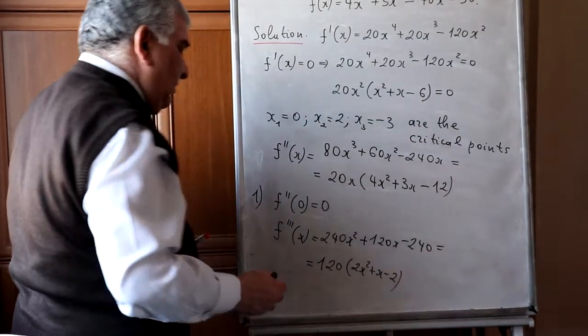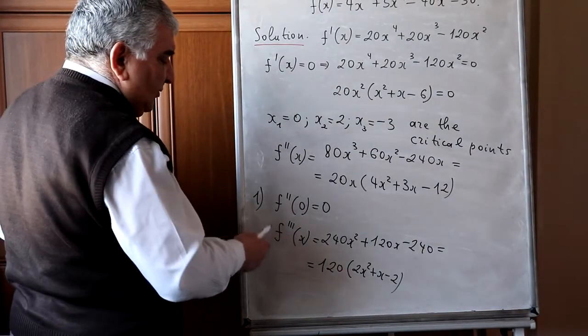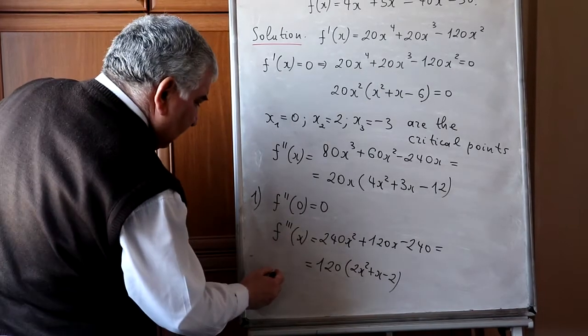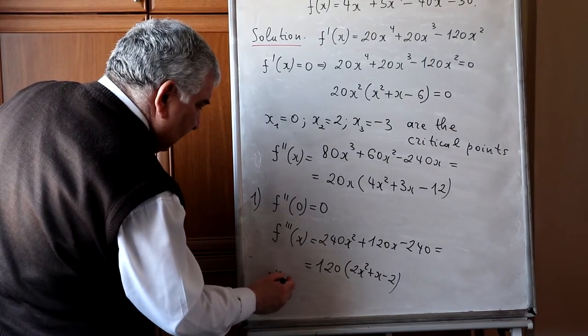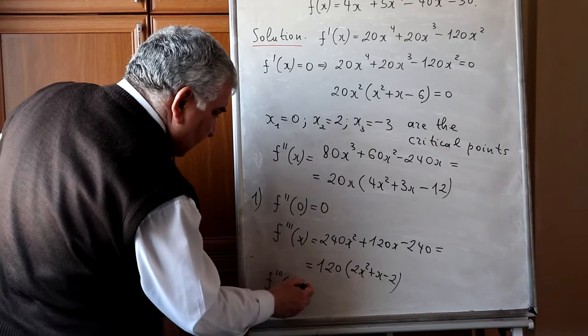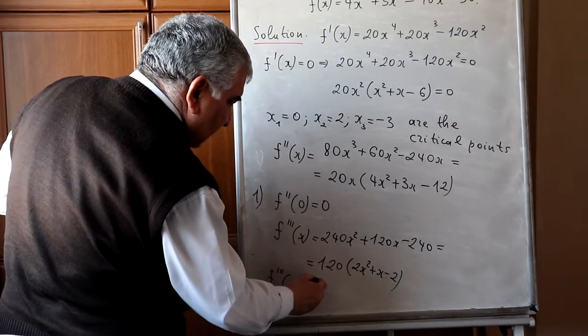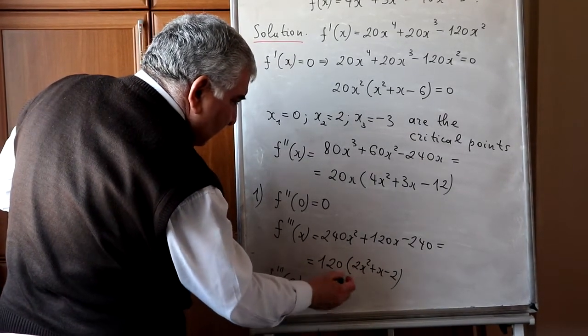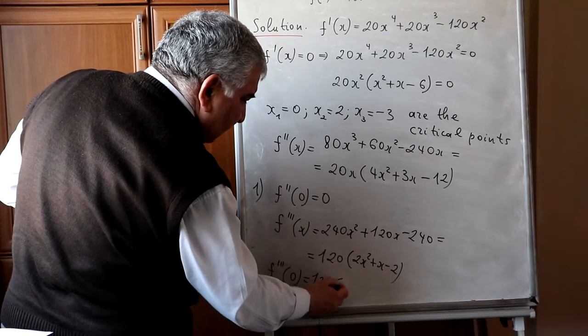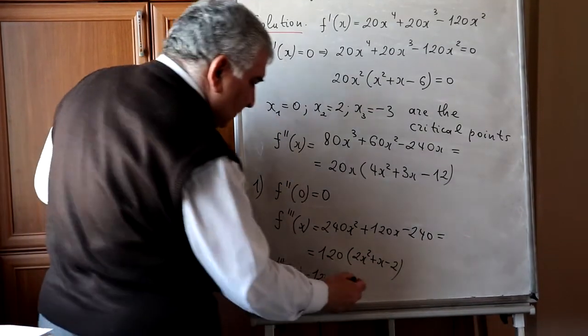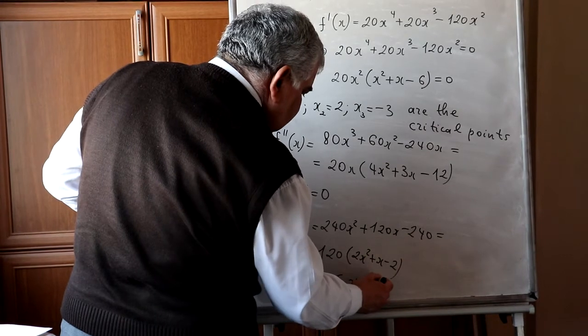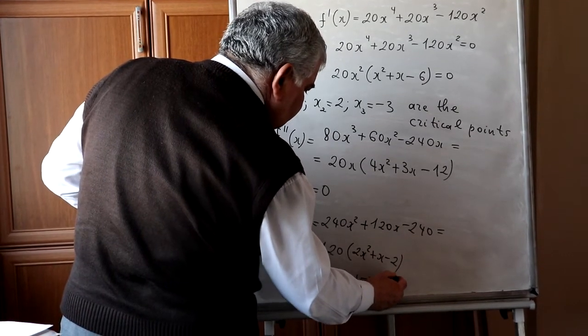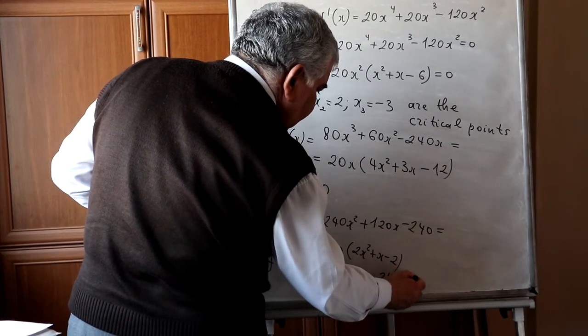And then calculate the value of third derivative at 0. f3 prime at 0 is 120 multiplied by (0 minus 2), which is minus 240, isn't equal to 0.